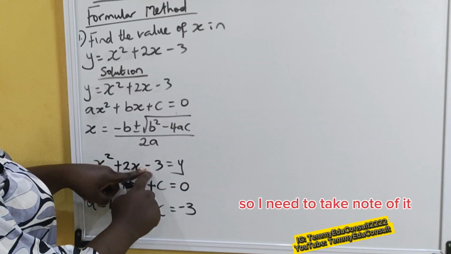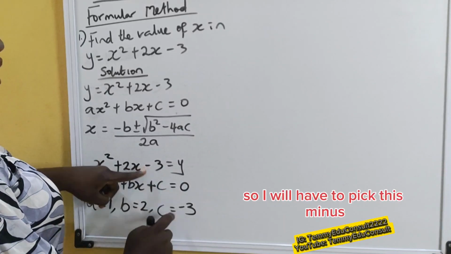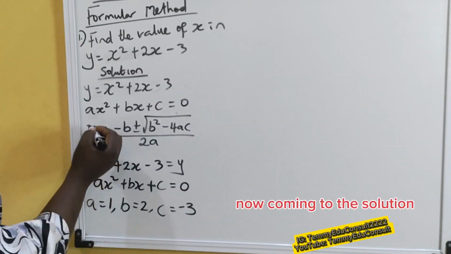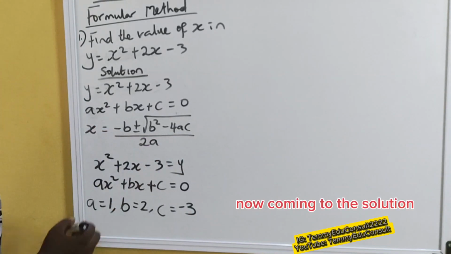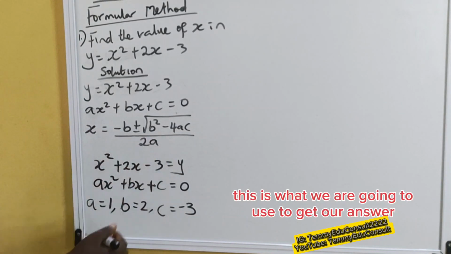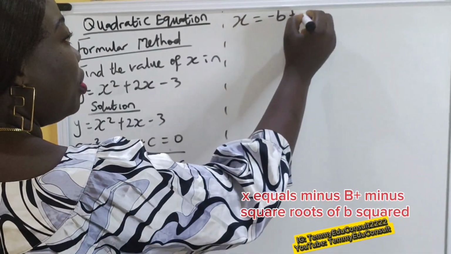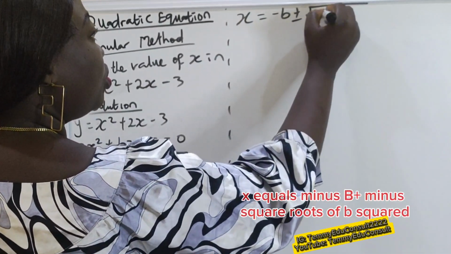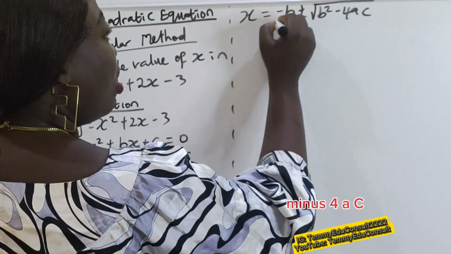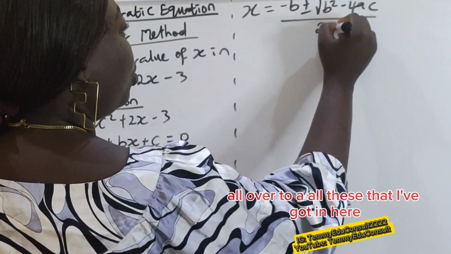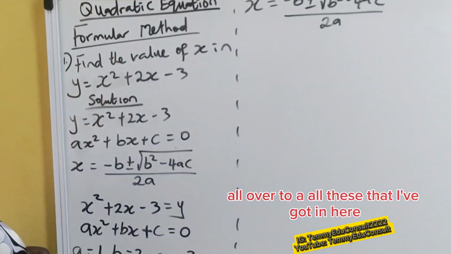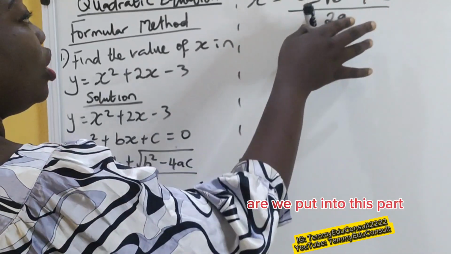I need to take note of it. So I will have to pick this minus. Now coming to the solution, this is what we are going to use to get our answer. So x equals to minus b plus or minus square root of b squared minus 4ac all over 2a. All these that I've gotten here, I will put into this part.